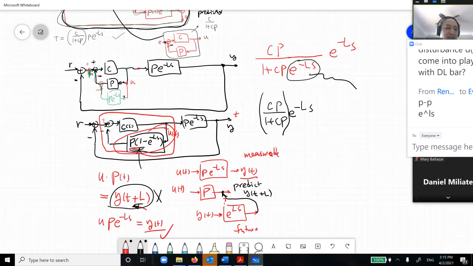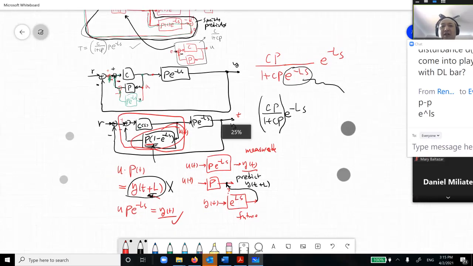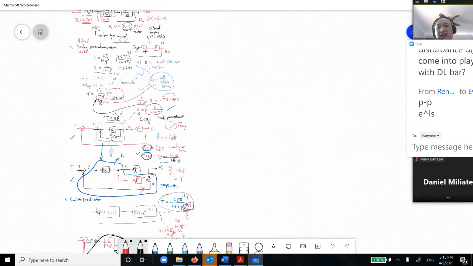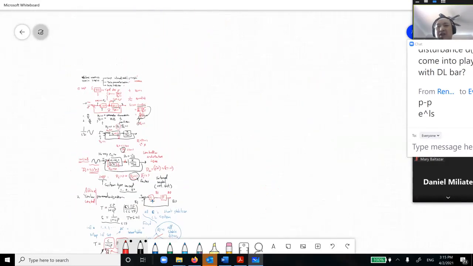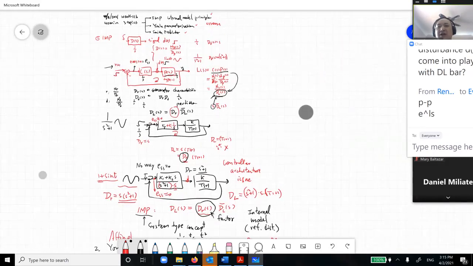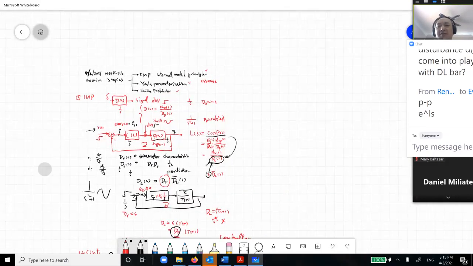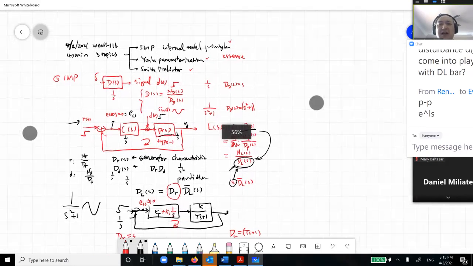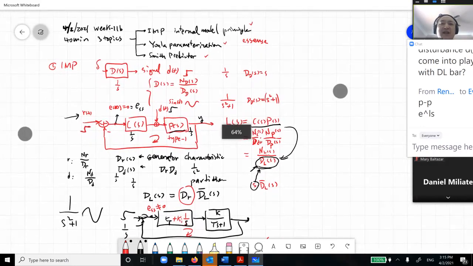Well, I used exactly the 45 minutes to cover 3 topics that you usually don't learn in a classroom setting, in the textbook. One is called internal model principle. One is called Youla parameterization. And I used the Youla parameterization idea to introduce you to Smith predictor.